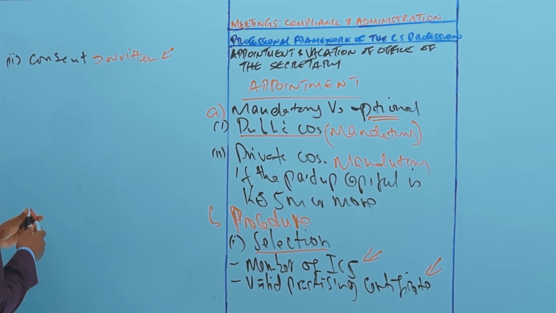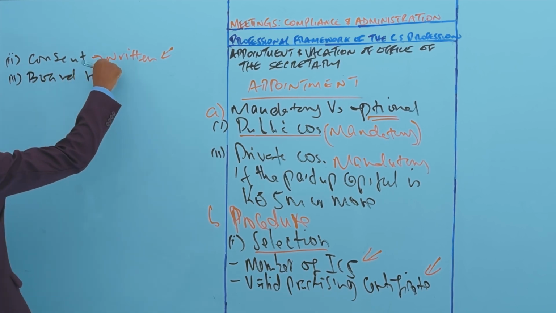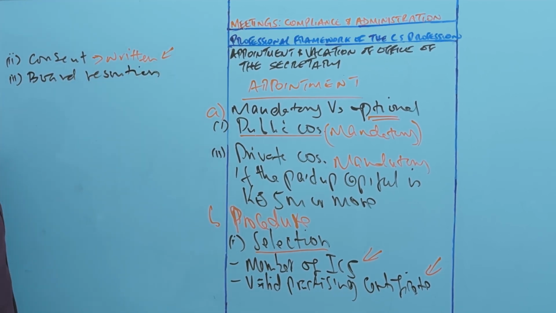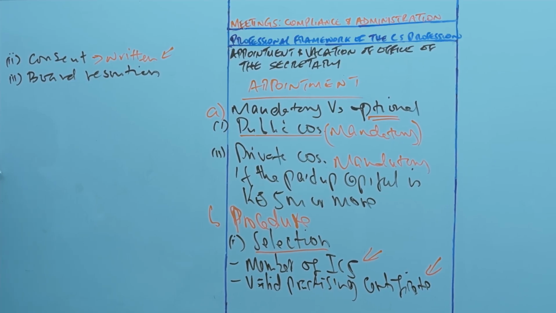Then step number 3 is board resolution. The board must make a decision. The directors, after receiving the written consent, meet and pass a formal resolution to appoint the secretary, outlining their terms of service and remuneration.